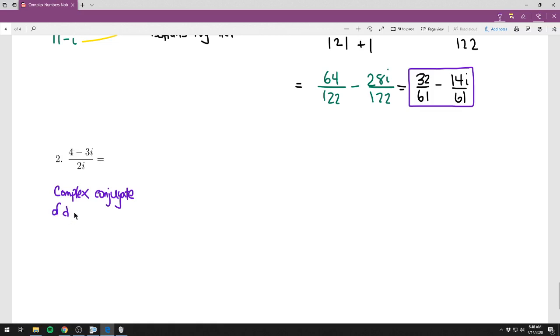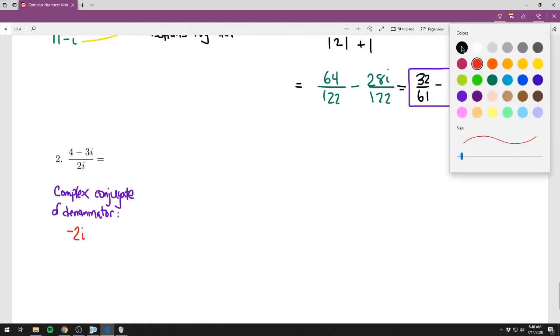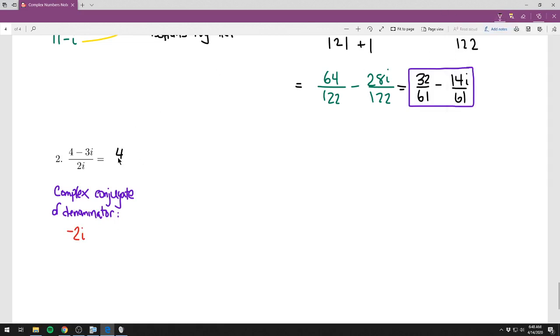And so we want to multiply by the complex conjugate of the denominator on the top and bottom, and the complex conjugate of 2i is just negative 2i. So we're going to multiply the top and bottom by negative 2i.